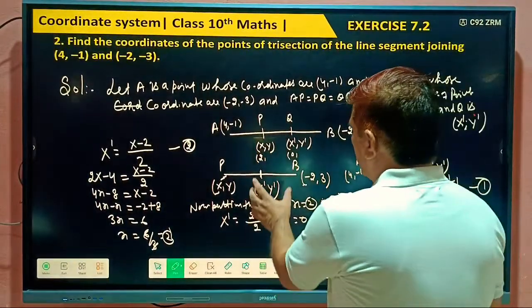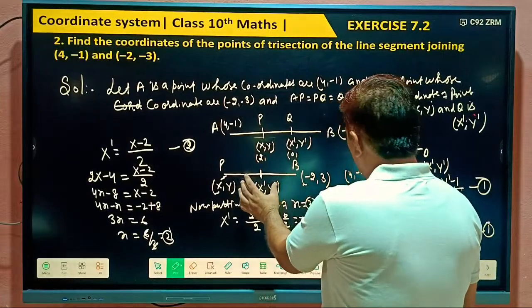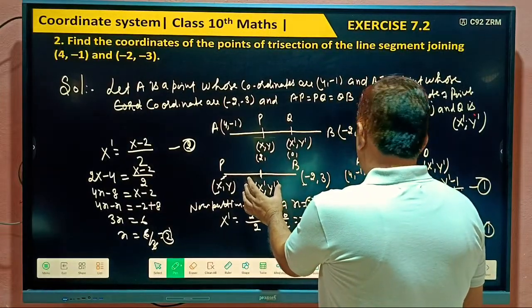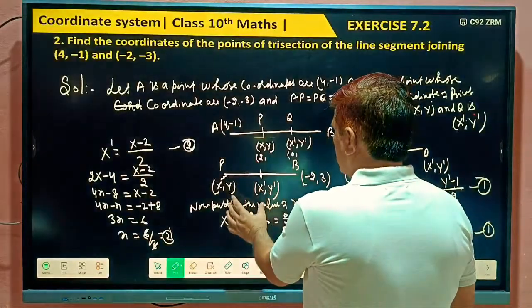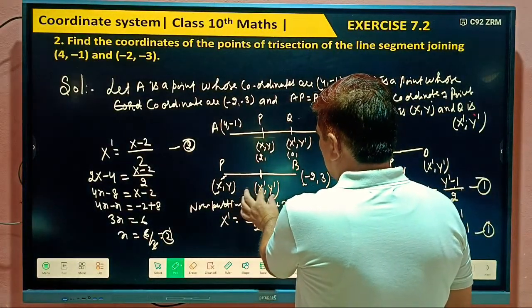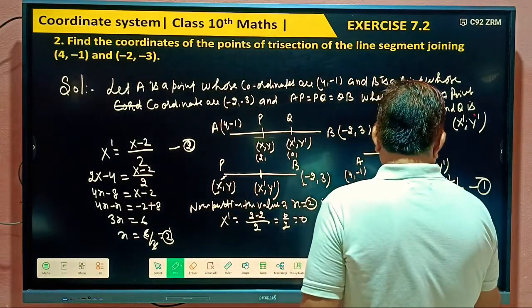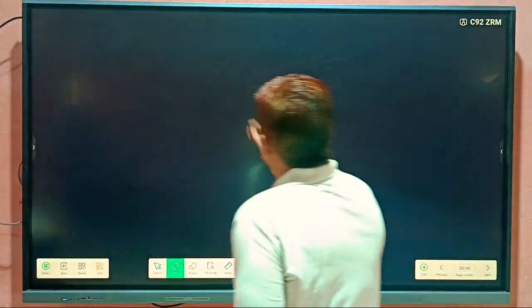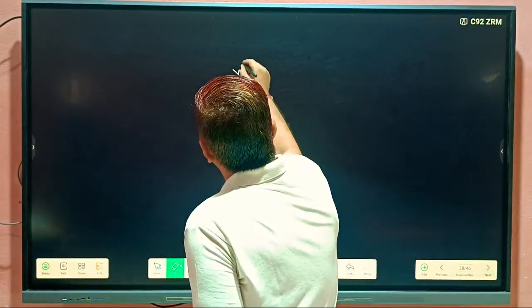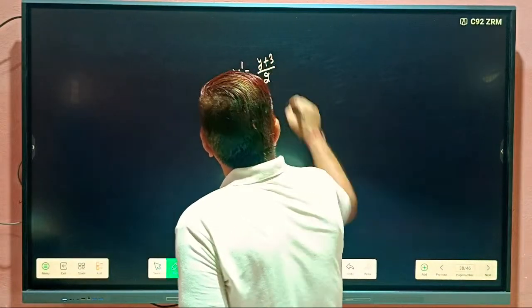So if we are taking here, what's y dash? Next page I can write. Y dash is equal to (y plus 3) by 2.